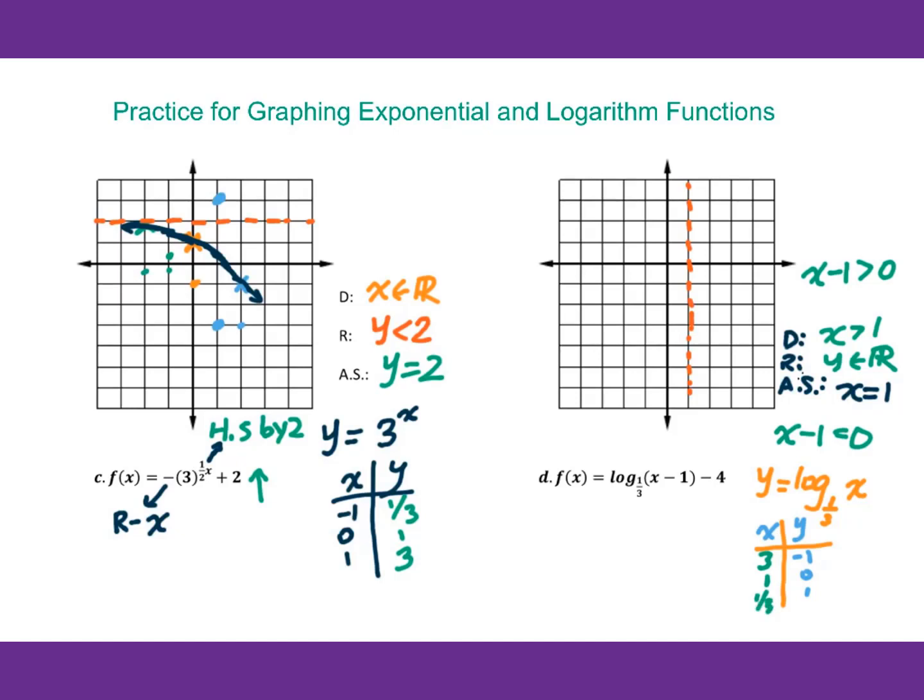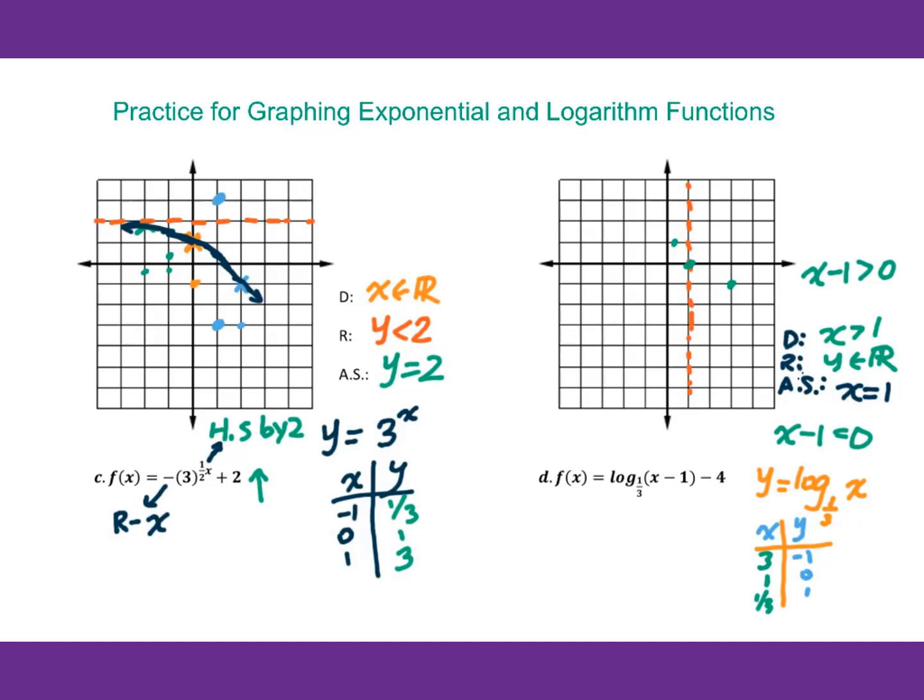We plot this parent function point. 3, negative 1. Go here. 1, 0. Let's go here. 1/3, and then that's 1, go here.